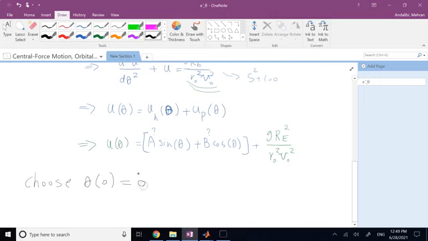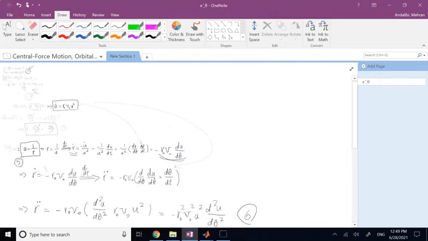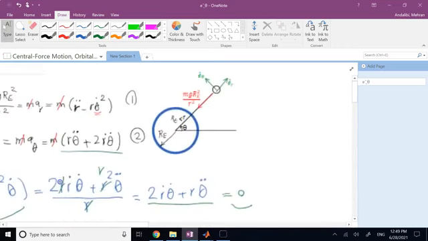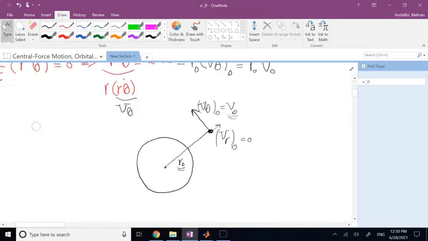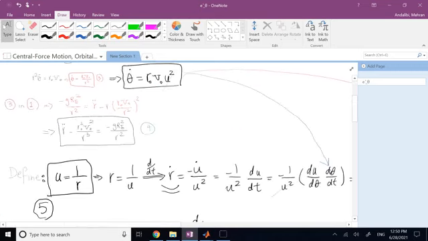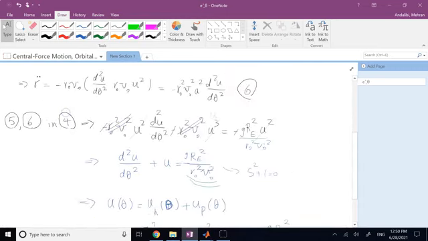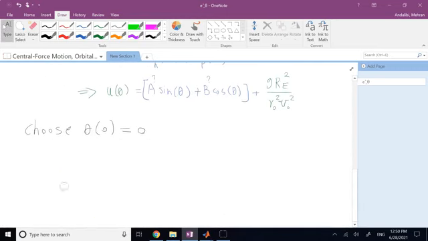I can choose my reference to be at 0 angle there. So for example, you might say, well, here it doesn't look like, for example, if you launch it like this, your initial theta to be 0. Well, it doesn't matter. I can rotate my r theta and set my x-axis to pass through that initial theta, and then now my initial theta is 0. So it's not a big deal.